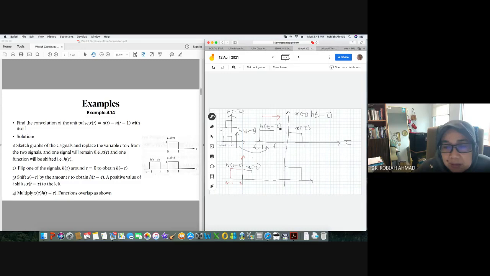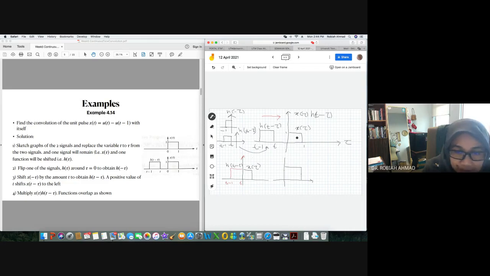To do the convolution, we move this h(t minus tau) signal to the right, so that there will be conditions where these two signals overlap, and we want to find the area of the overlap of these two signals.